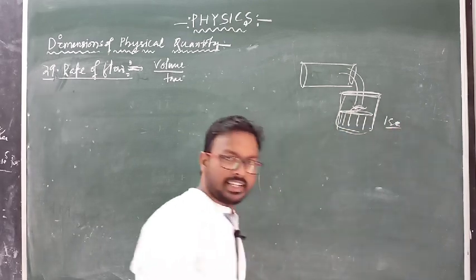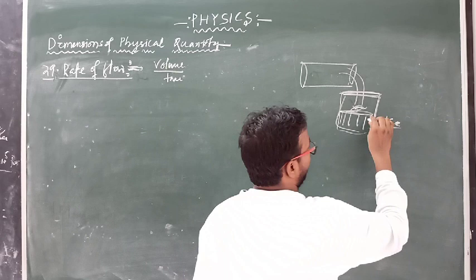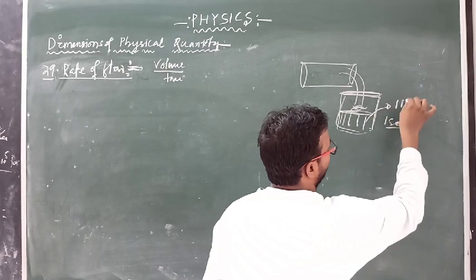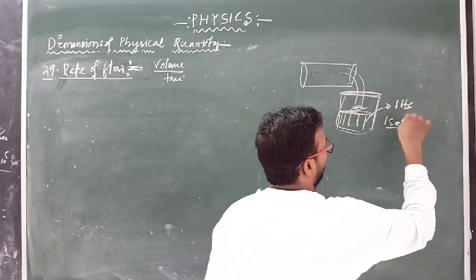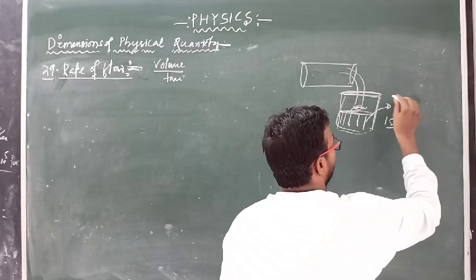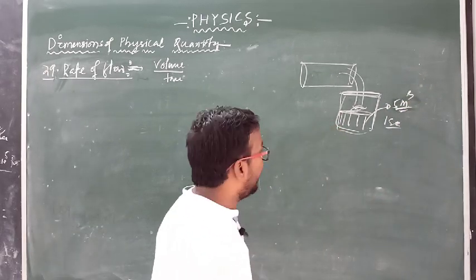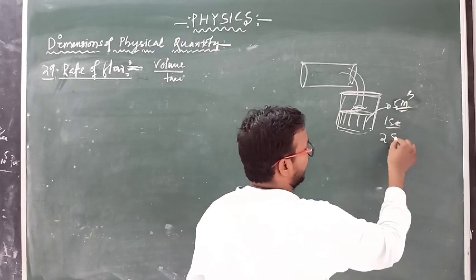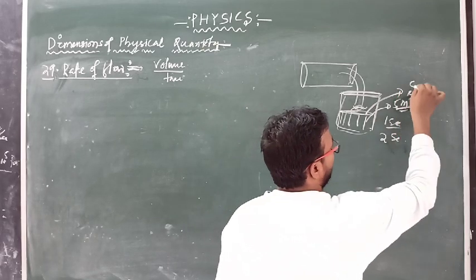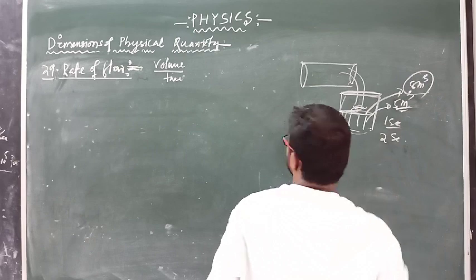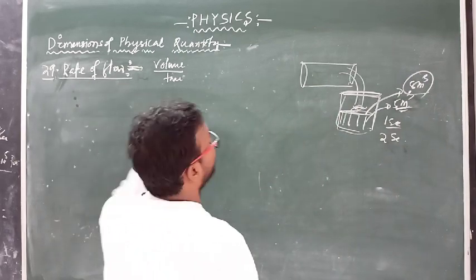Suppose in 1 second the volume is 5 meter cube. Clear? And again if we take 2 seconds, then suppose 8 meter cube. So we have to find the dimensional formula of rate of flow.